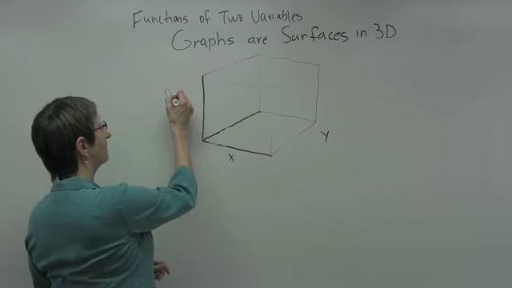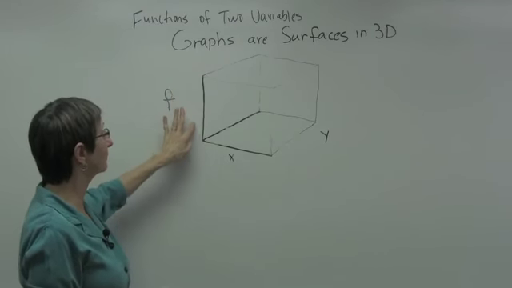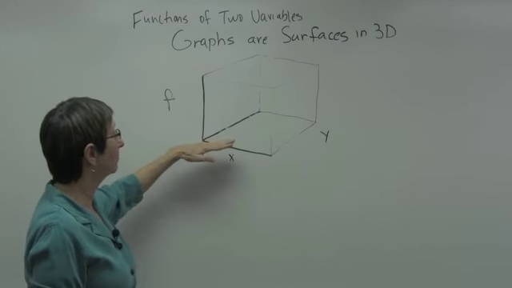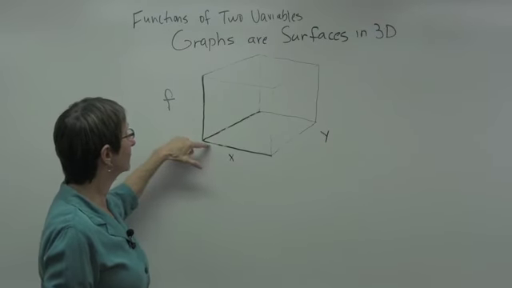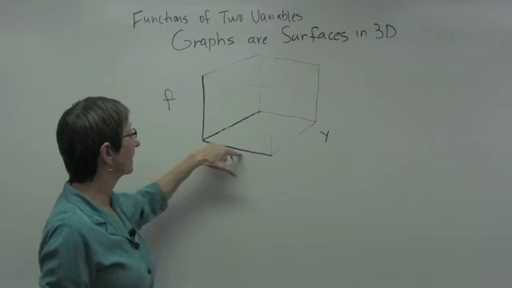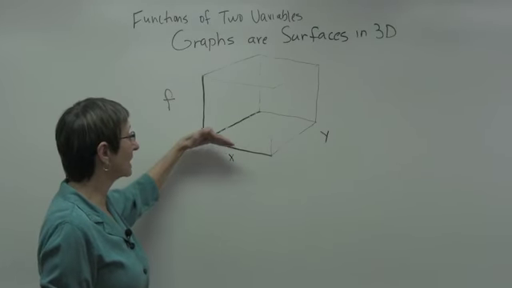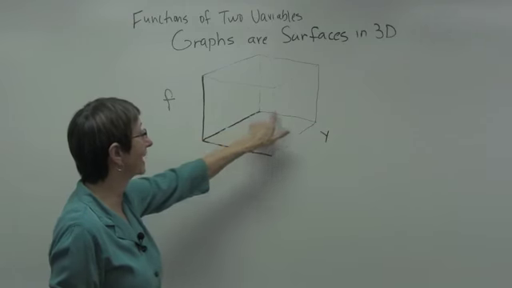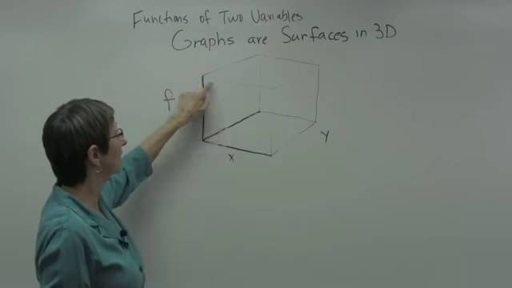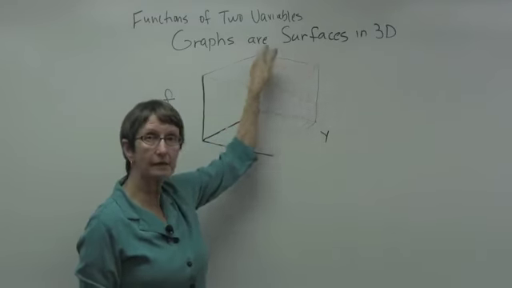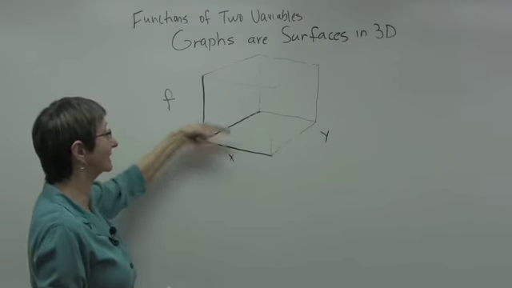So the F values that go up this axis are still the output values. X values will be written typically along this horizontal axis, but you may see the numbers appear back here. You might see X-axis values appear at the top of a box, but the X values will always be parallel to what this axis is.